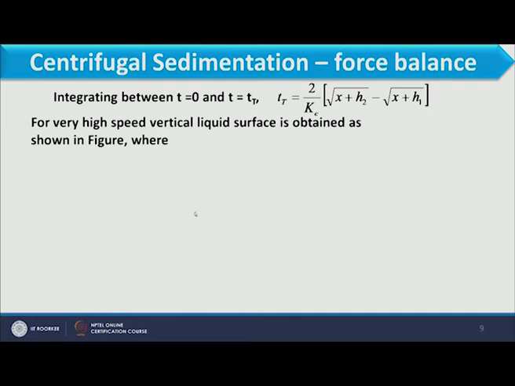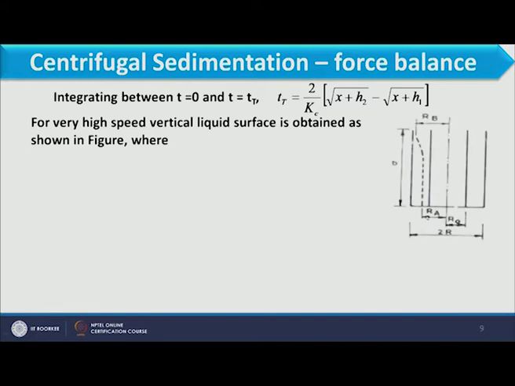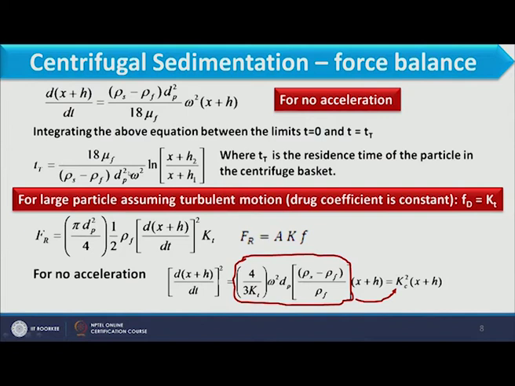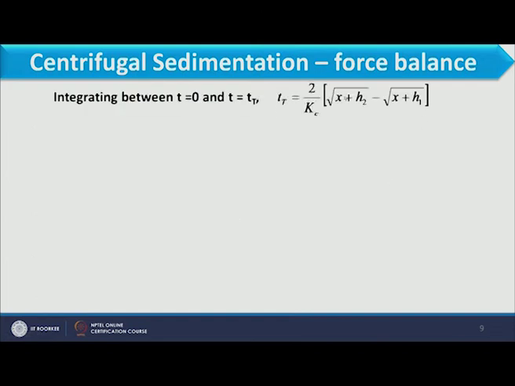Further, for very high speed, a vertical liquid surface is obtained as shown in the figure, like here. So in that case, initial x plus h1 should be Ra and x plus h2 should be Rb. So for this case, we have a residence time of the particle for the laminar zone like this. Here we will replace all this with Ra and Rb, and similarly for turbulent flow we can replace this and this as Rb and Ra.